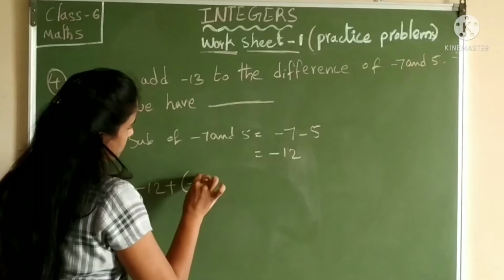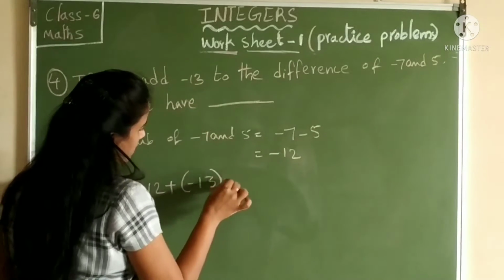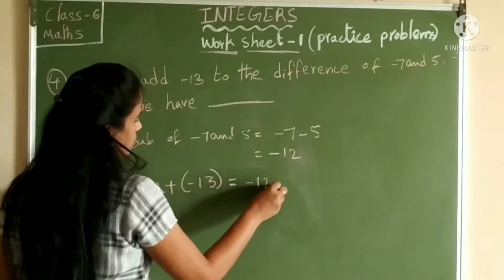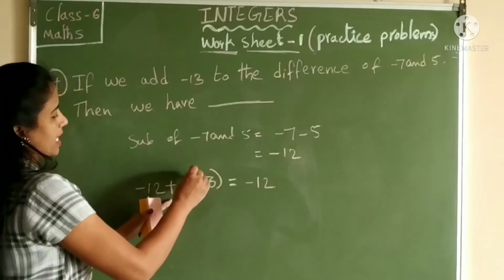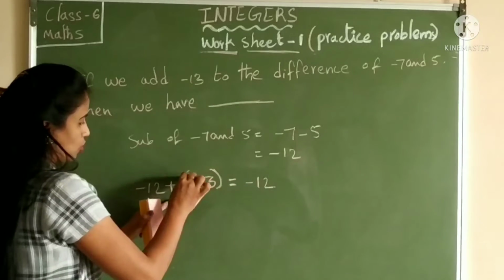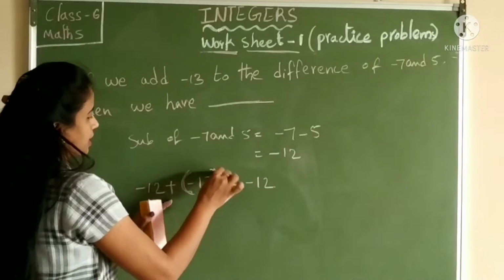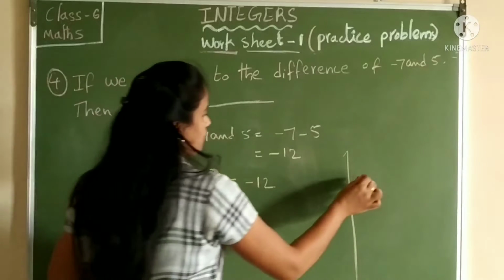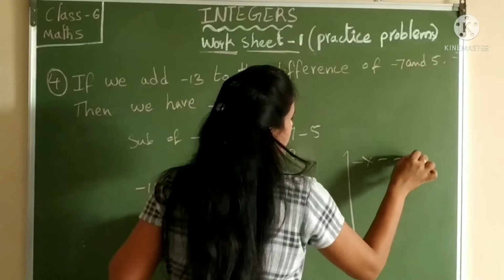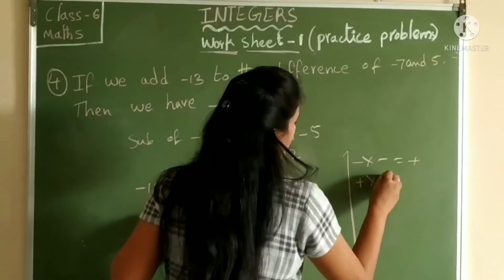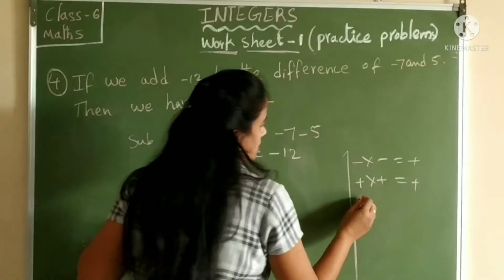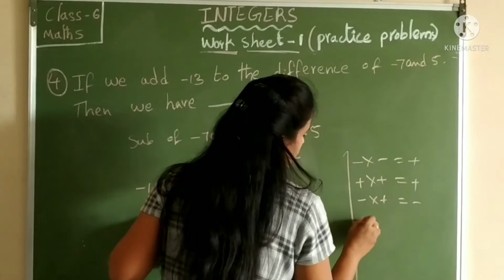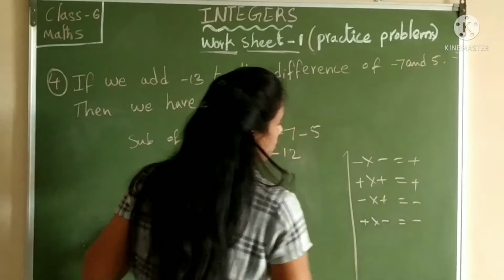Here the bracket represents multiplication. Already I told you minus into minus is plus, plus into plus is plus, minus into plus is minus, plus into minus is minus.